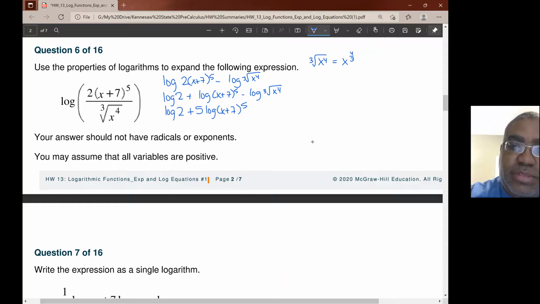So this becomes minus 4/3 log of x. And then we're done. Oh, wait a minute. That 5 is gone because we moved it up front. So there are no radicals or exponents here, and everything is there.